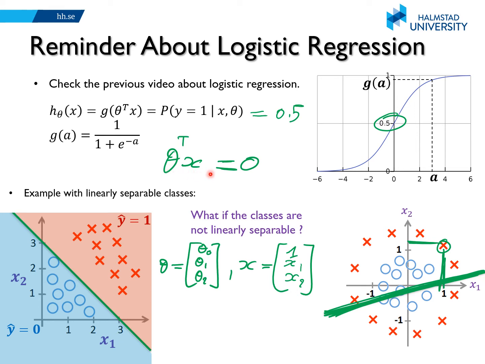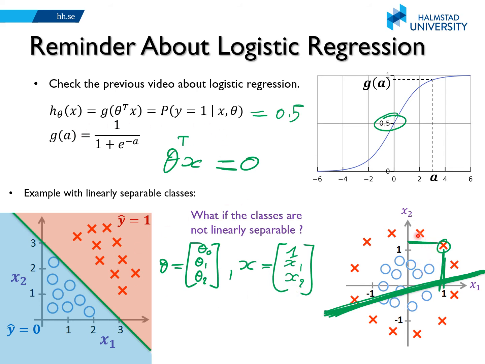So theta transpose x equals 0 is a line. It's theta 0 plus theta 1 x1 plus theta 2 x2 equals 0. So if this is our parameters vector and this is our input data and this is our hypothesis function, then we are not able to learn a decision boundary which is able to separate those two classes in a good way, because we get a linear decision boundary just based on this information.